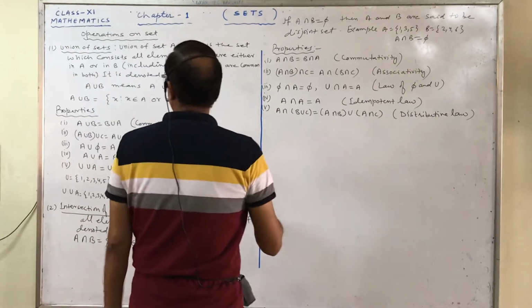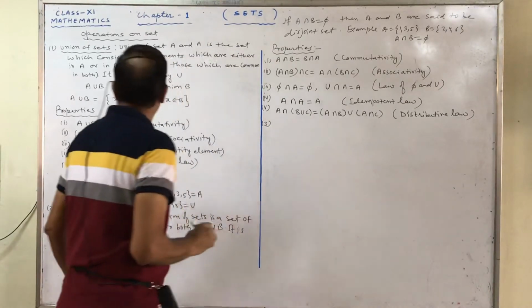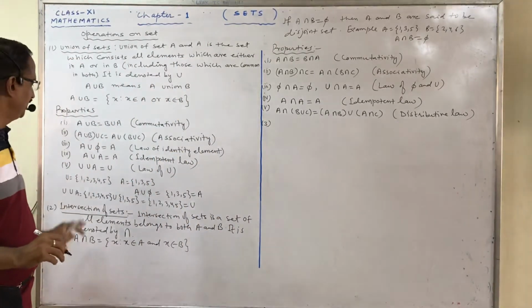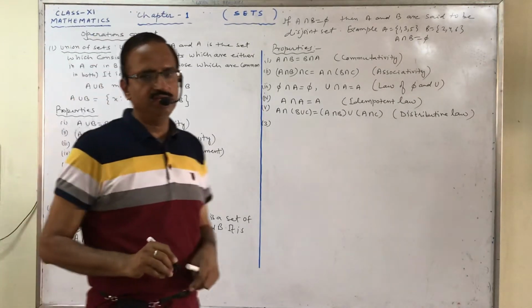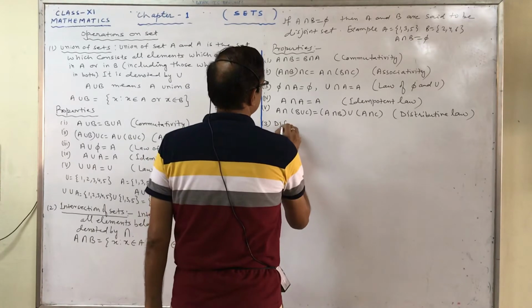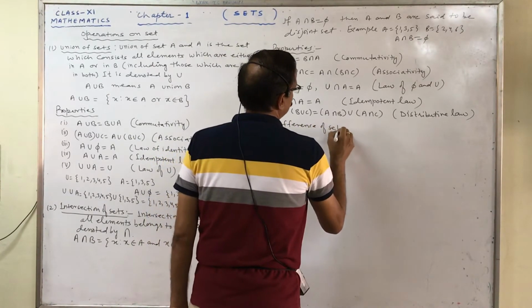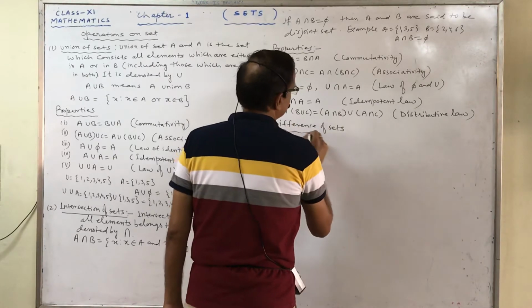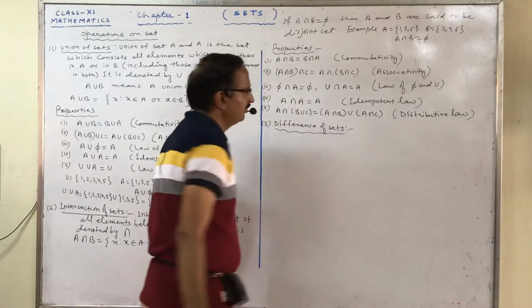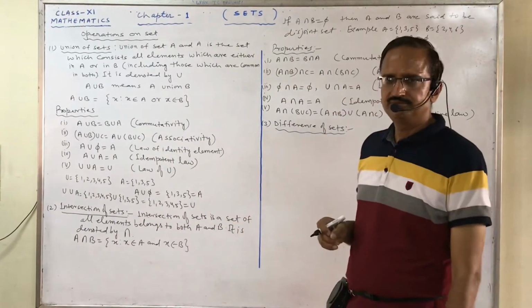Now, the third operation. First is union of sets, second is intersection of sets, third is difference of sets. From the word, it is clear that we have to subtract two sets.